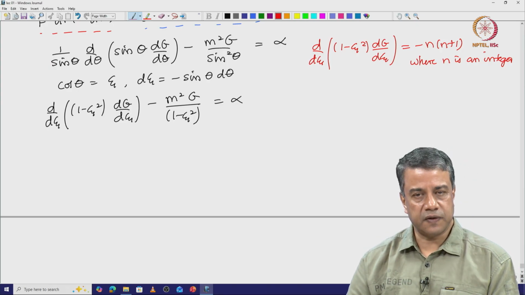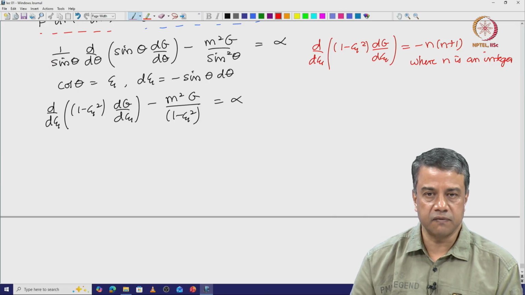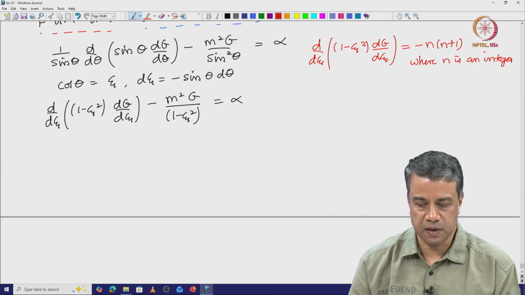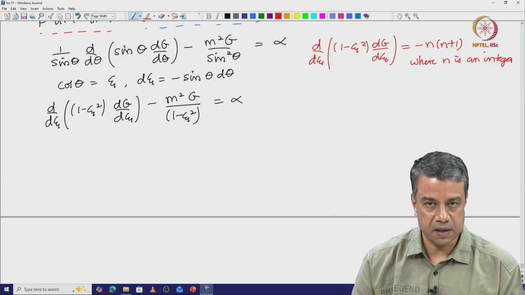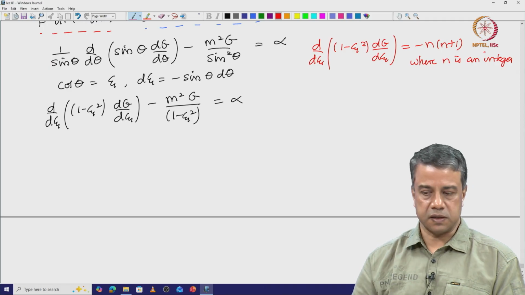So, the solution was finite only if this eigenvalue was minus n into n plus 1, where n is an integer.